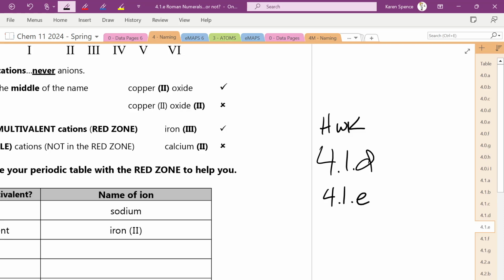But then how are these ones? Oh, well, this one isn't right. Vanadium 3, not vanadium 6.